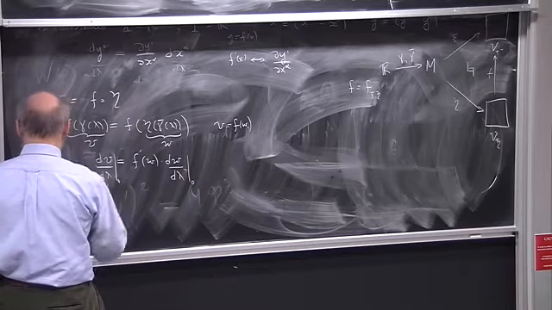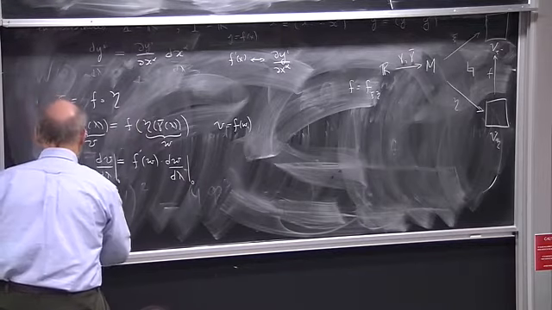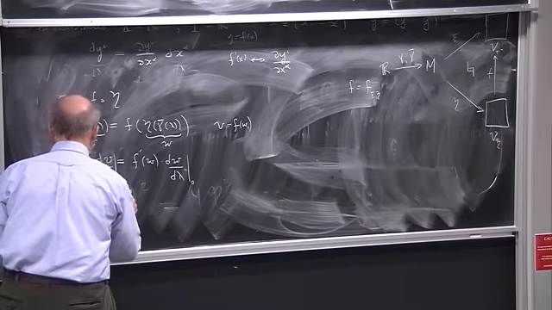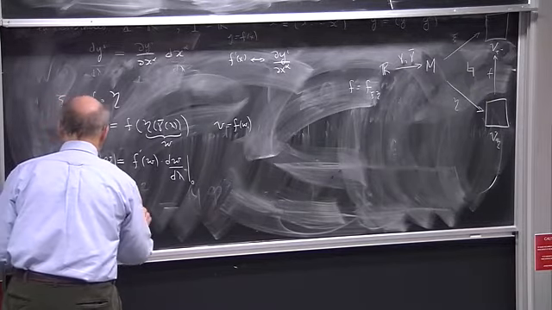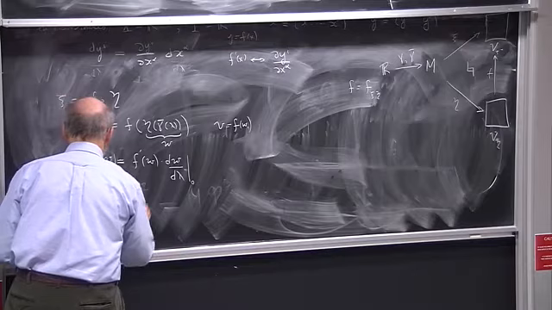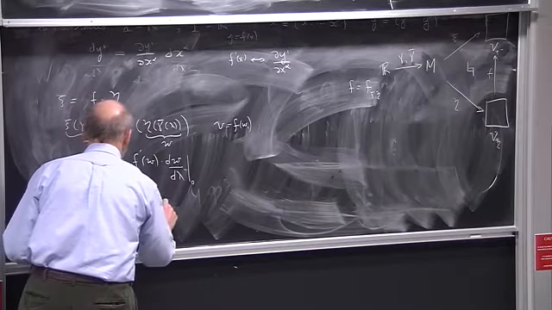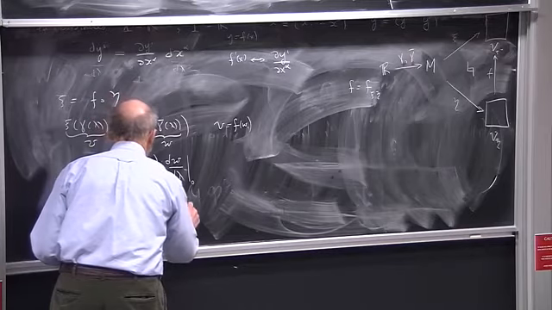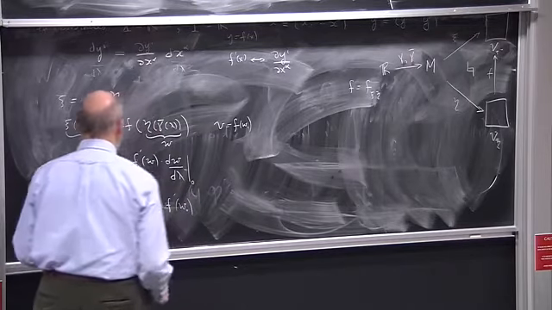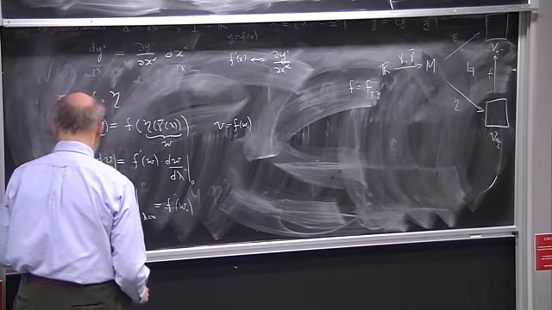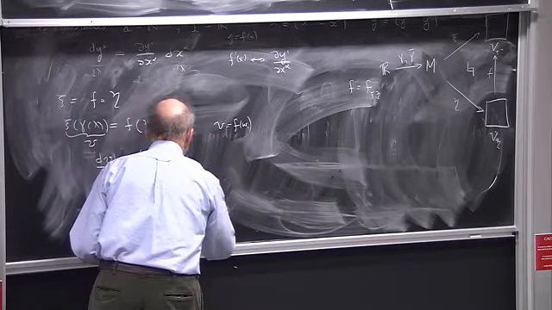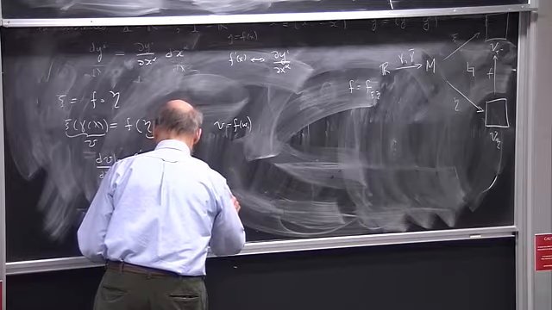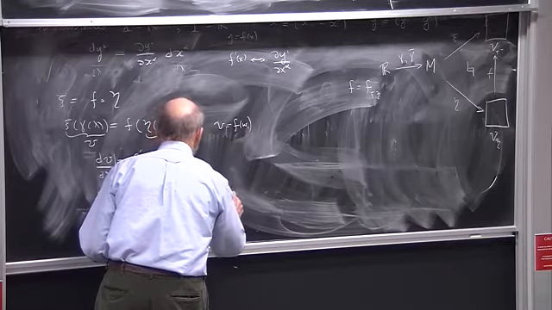And plug in what the definitions were, and we get d C of gamma of lambda divided by d lambda at lambda equals 0 is equal to F prime of W naught, I've called it here, d eta of gamma bar. I wrote gamma here, but there's a gamma bar of lambda.